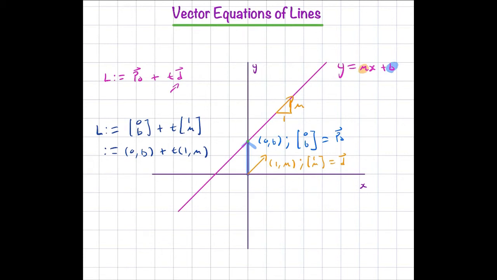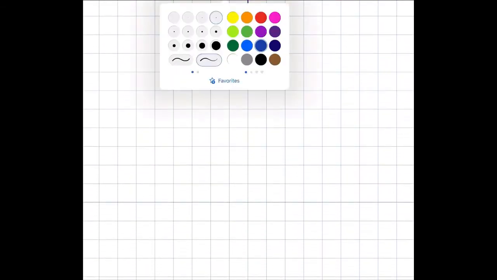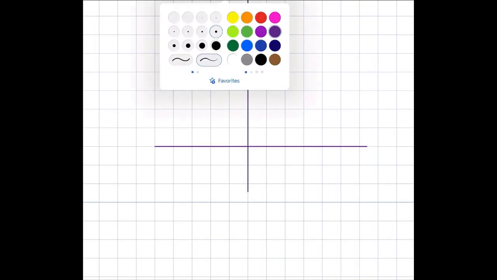Suppose I wanted to go in the opposite direction, so to speak. By that, I don't mean direction in two-dimensional space. I mean, suppose that somebody gave me a line in vector form.